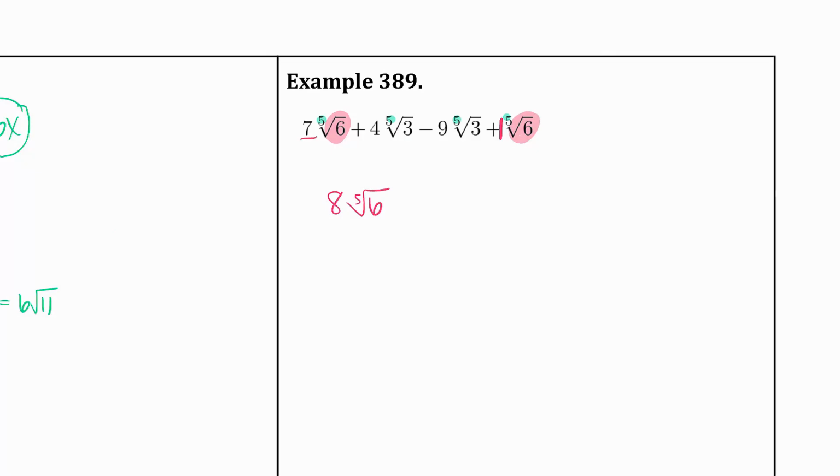And then here we've got a fifth root 3, fifth root 3. So if we combine those, 4 fifth root 3 minus 9 fifth root 3, we get minus 5 fifth root 3. We can't put this one and this one together because they don't have the same number underneath the radical symbol.